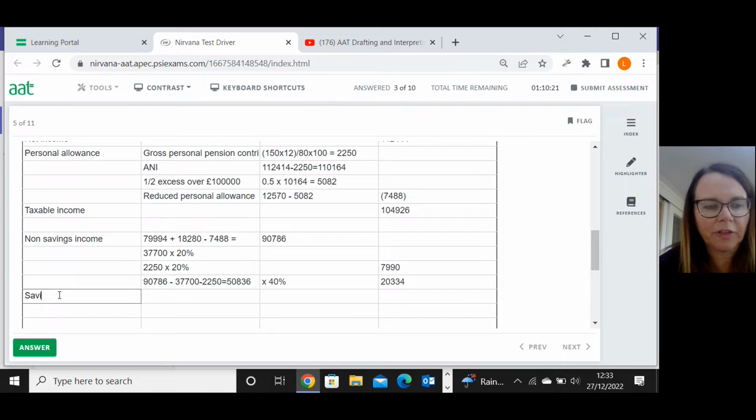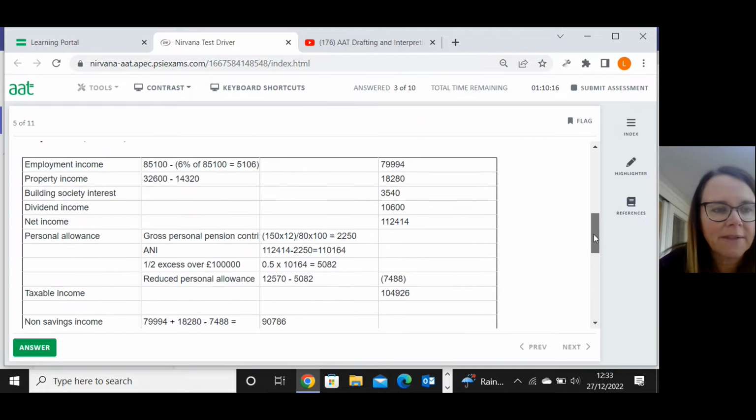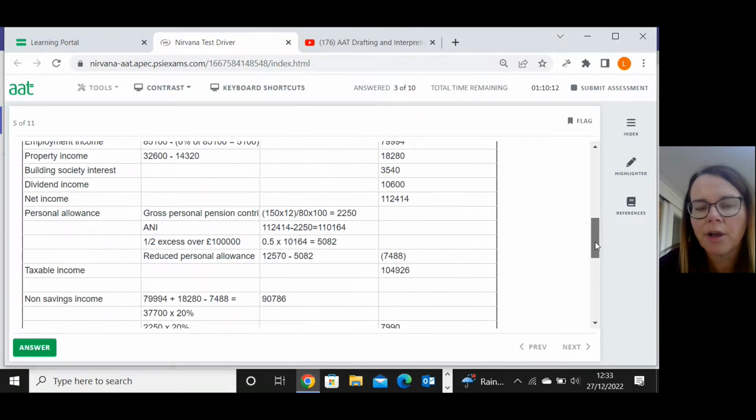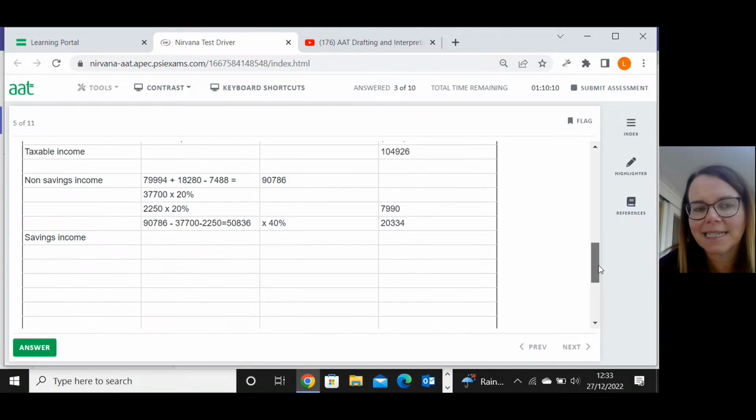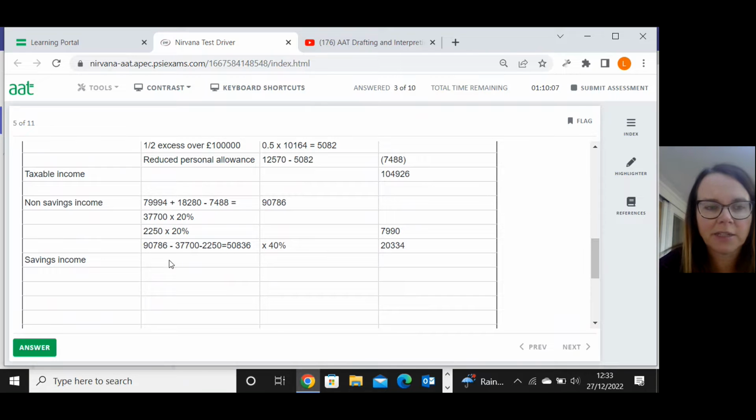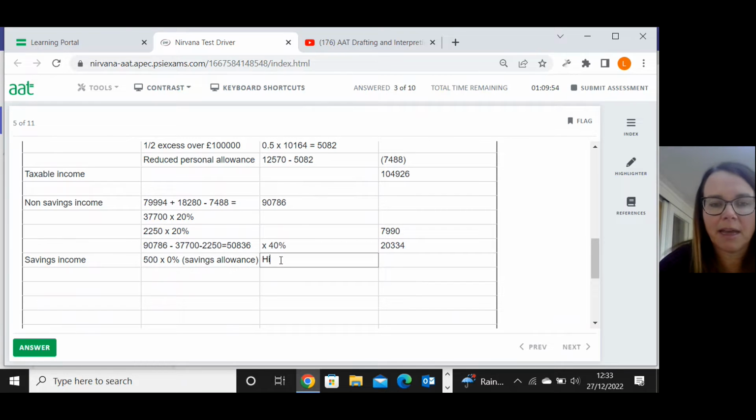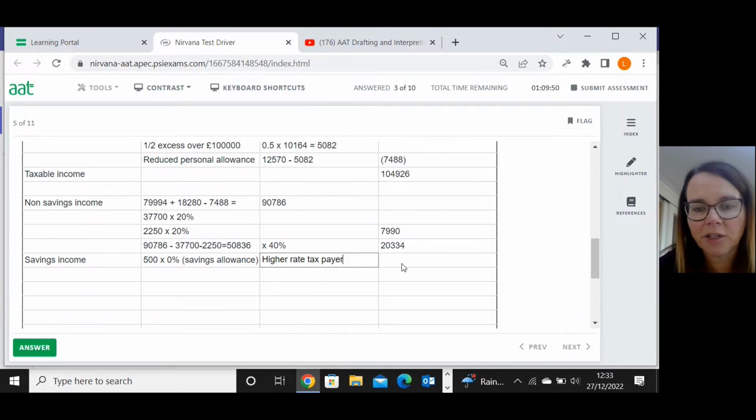Right, then I'm on to savings income. So if we go back up, my savings income, my building society interest, is 3,540. This is a higher rate taxpayer, so the first 500 is going to be at 0%. Savings allowance, and I might even put in there higher rate taxpayer so that they know why I've done 500.